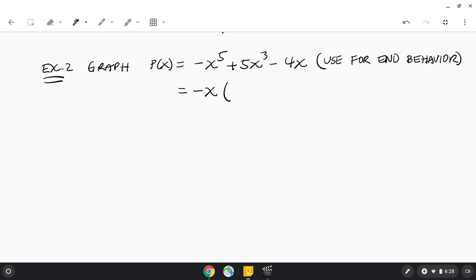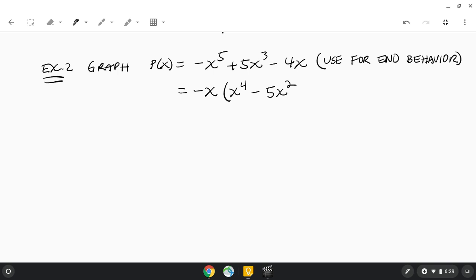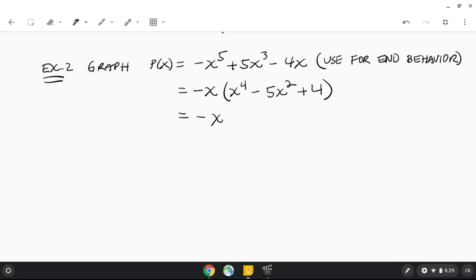Okay, so I will have x to the fourth minus 5x squared plus 4. Okay, and then here, inside the parentheses, I have what's called quadratic in form. We looked at that. Okay, so I'm going to treat this like a quadratic and use my factoring skills here.